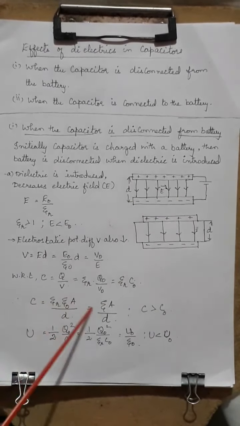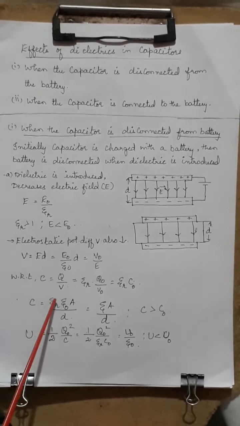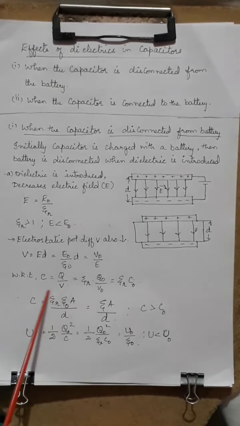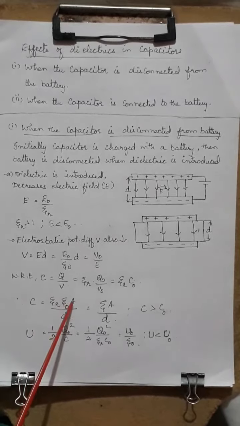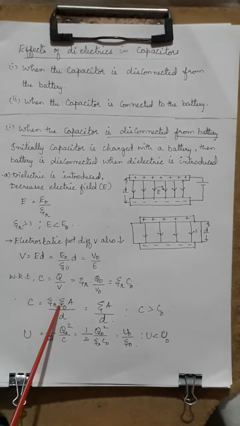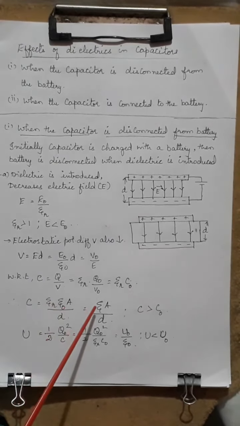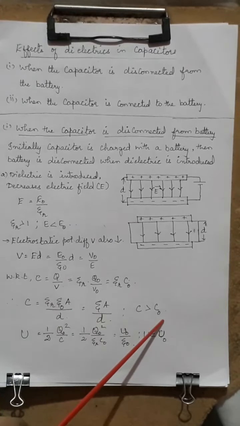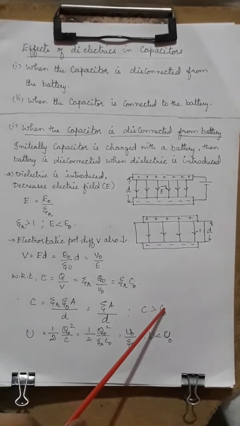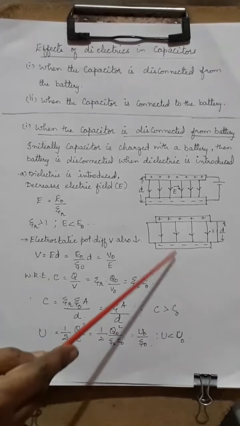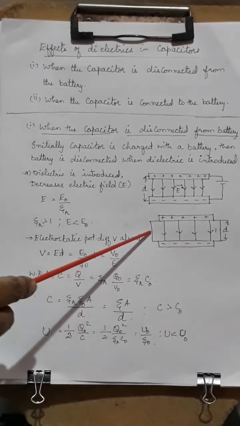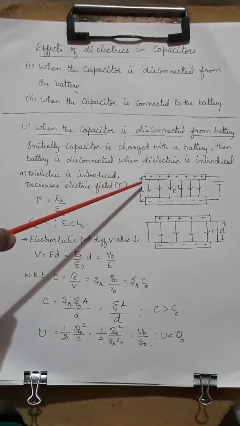So when I substitute this, epsilon r epsilon naught A by d, where epsilon r into epsilon naught is nothing but epsilon, as we learned earlier with permittivity. So what this concludes is that C, the capacitance, increases. That is, when you have introduced a dielectric, that capacitance value is greater than C naught.